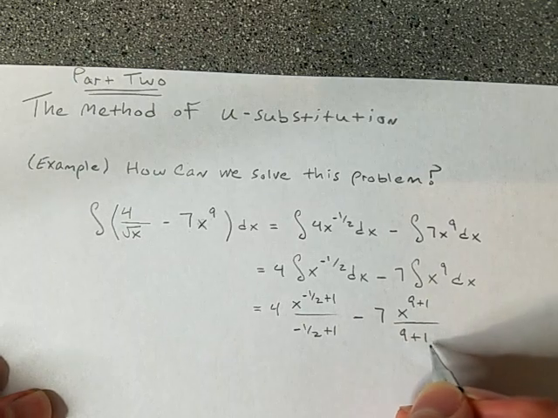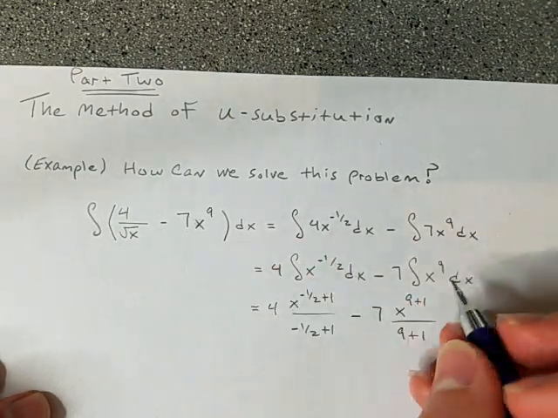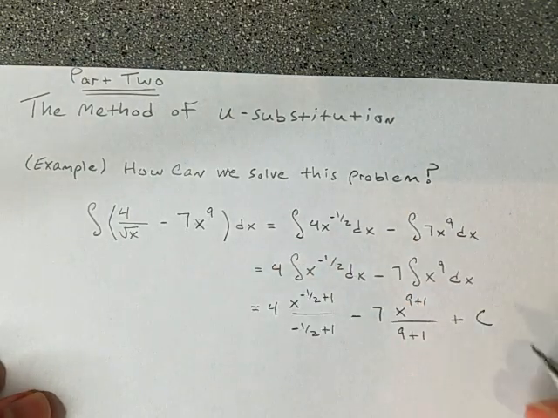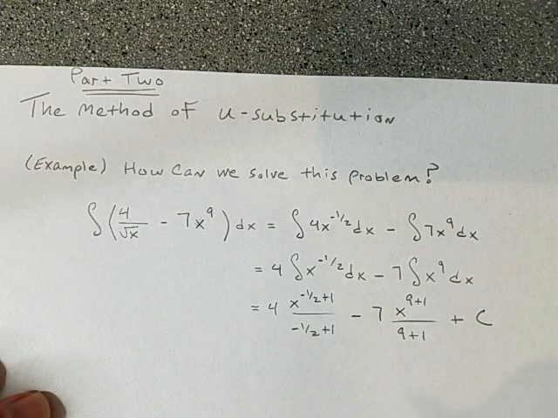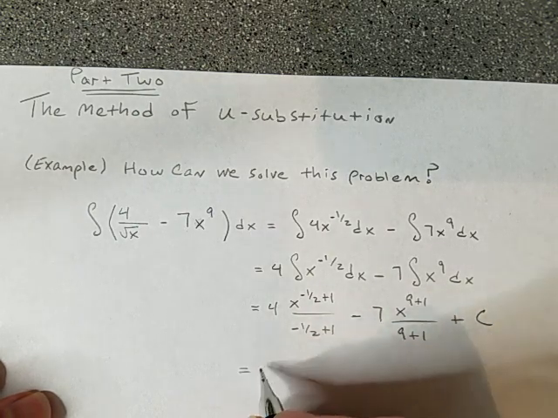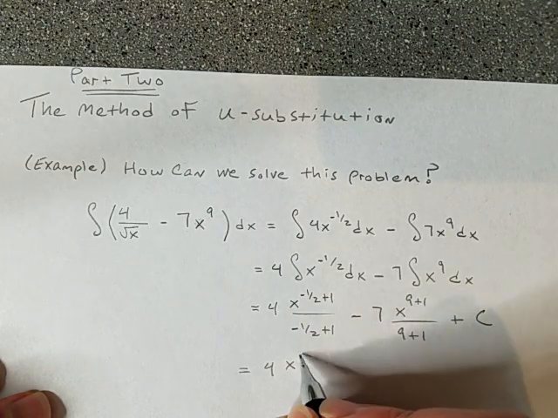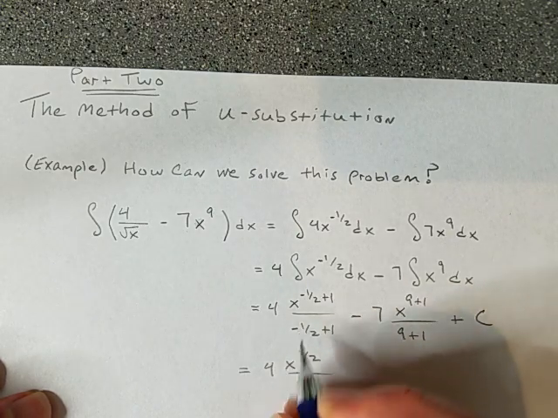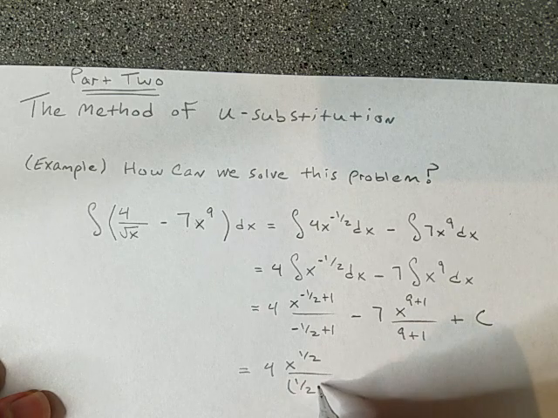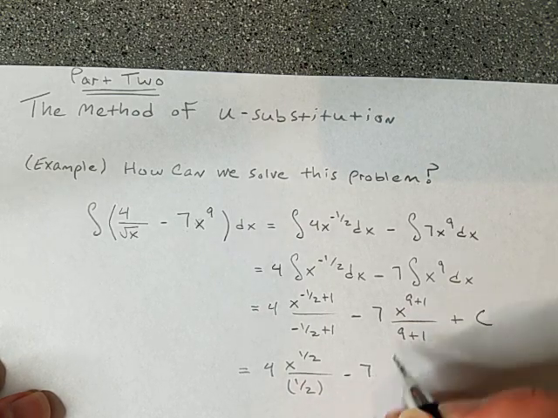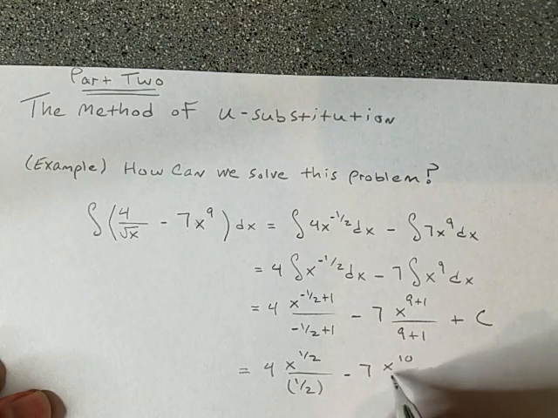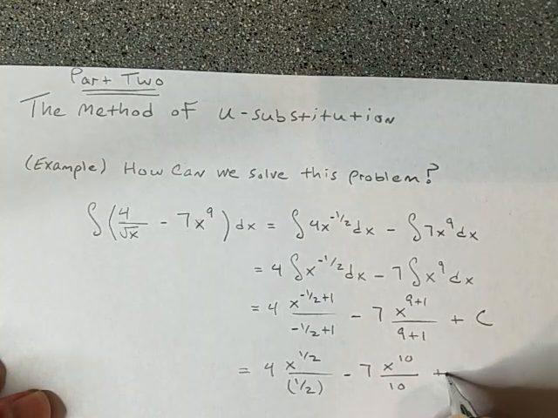And then there's always a constant of integration that I have to throw in there. All right, so I got that. What's this turn out to be? 4x, okay, what's that number? 1/2, and that's 1/2 down here, minus 7x, and that's a 10, and a 10, plus c.